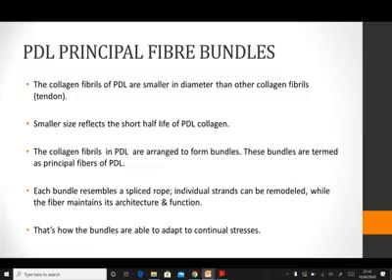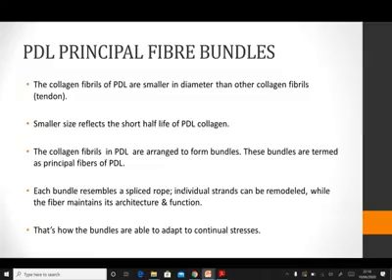Within the periodontal ligament, these collagen fibrils do not have a similar diameter as they have in the other fiber bundles of the body, like tendons. Within the PDL, these collagen fibrils have a very small diameter, and this small diameter reflects the short half-life of the periodontal ligament collagen, which means that it has a rapid turnover.